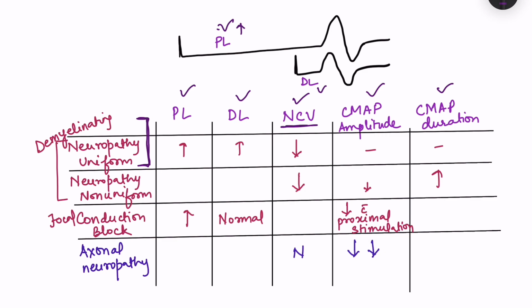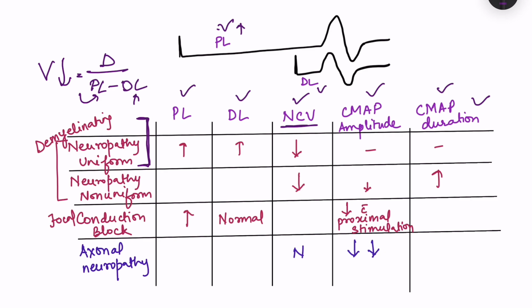Nerve conduction velocity is going to decrease, okay, because the total time is going to increase. We have seen the formula for nerve conduction velocity is this, right? So because all this time has increased, ultimately the denominator is increasing, velocity is going to decrease, right? And because it is affecting uniformly, CMAP duration is not going to change.